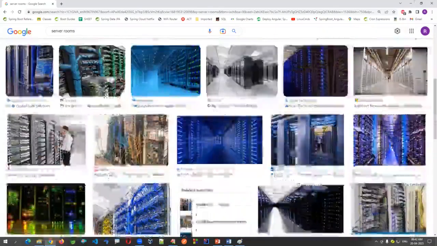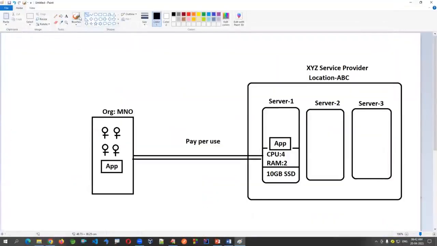Everyone cannot offer these server rooms. Even if you want a small simple server, $10 million is required. A simple setup with a basic configuration is also very costly. And not only for this, even maintenance: power, AC. A dedicated person needs to be there to control all these things.